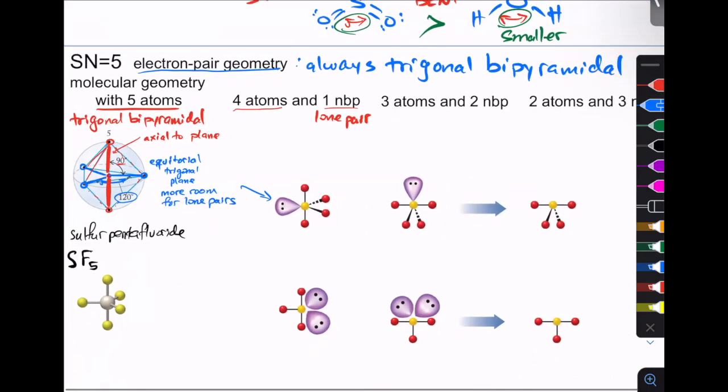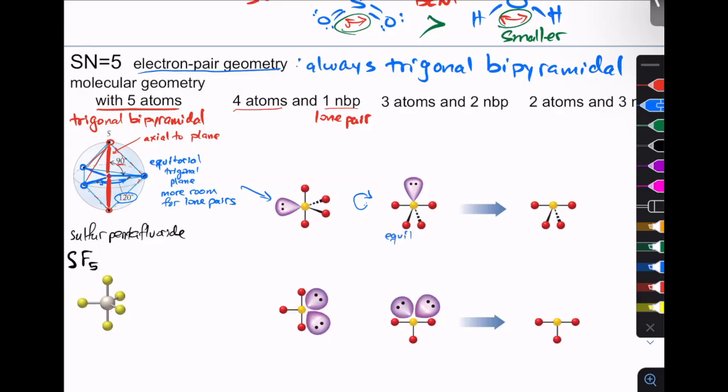Now, if we were to rotate that in this picture, all we're doing is rotating it so that we have the lone pair on the top. That means these two are equatorial and these two are axial. And this forms the shape of what we call a seesaw, or teeter-totters.